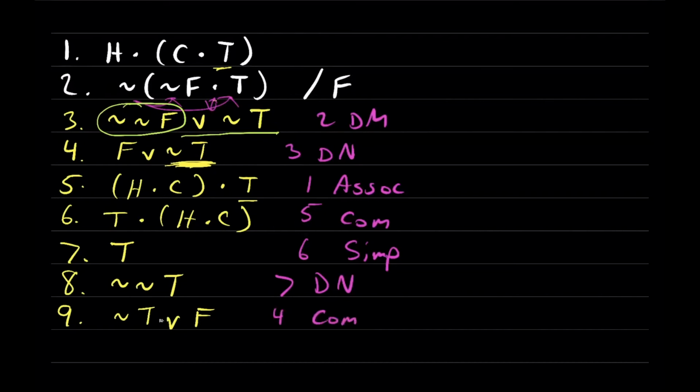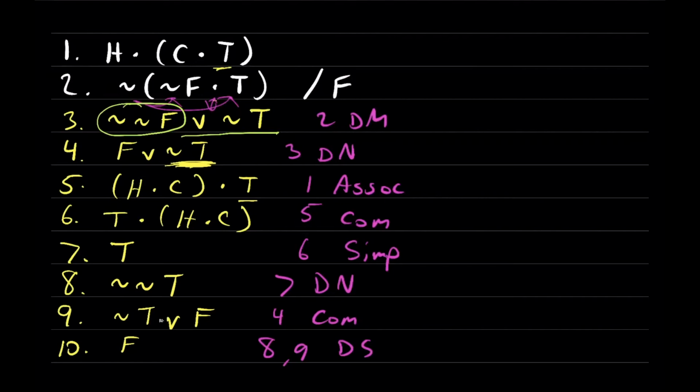That's what lets you switch around the order of a disjunction. Now I've got a disjunction on line 9, not T or F. I've got the negation of that term on the left, not not T. So from lines 8 and 9, I can get F on its own line by disjunctive syllogism. So 8, 9, DS, disjunctive syllogism. And you can see, in fact, I'll circle them here.